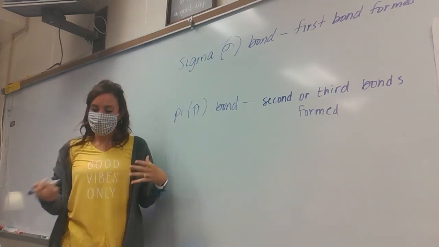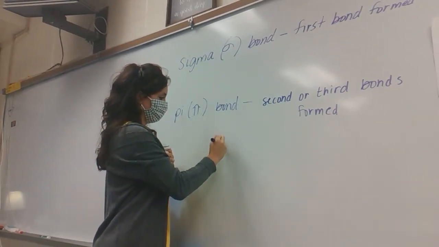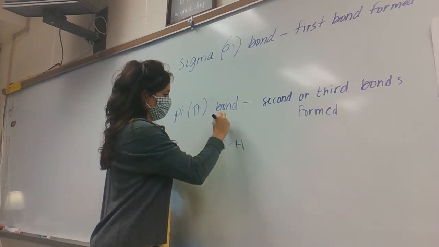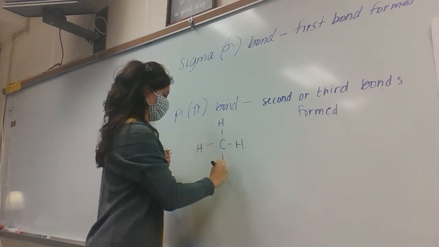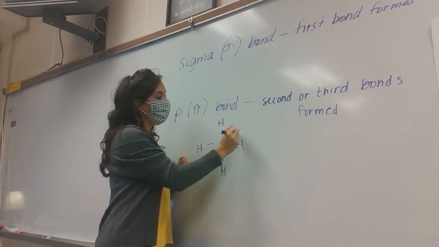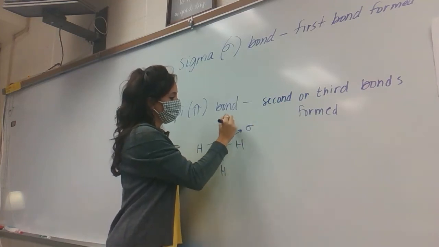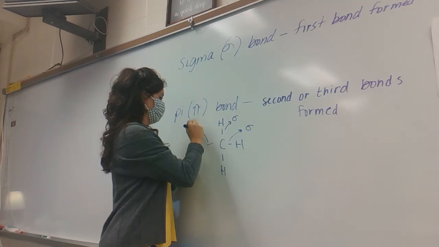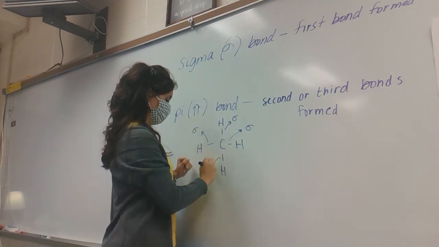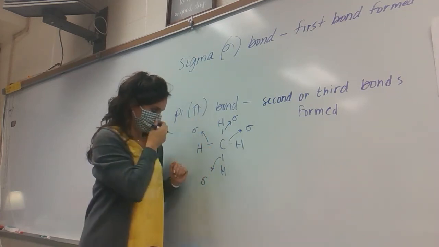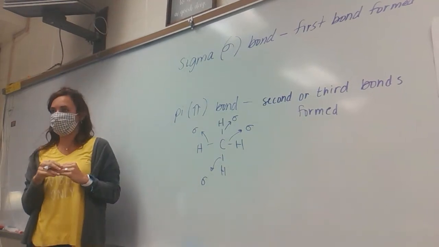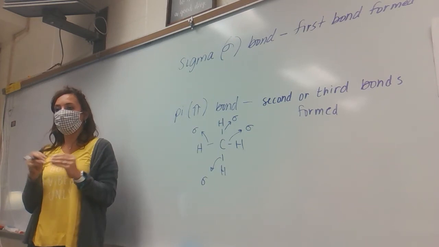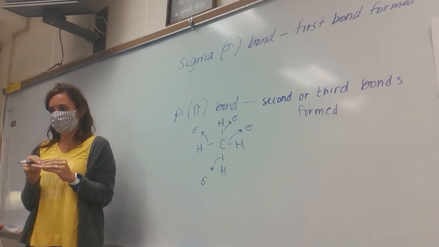All you need to know is if something is single bonded, like this, they're all single bonds, we would label all of those bonds sigma bonds. The first bond formed is always a sigma bond.